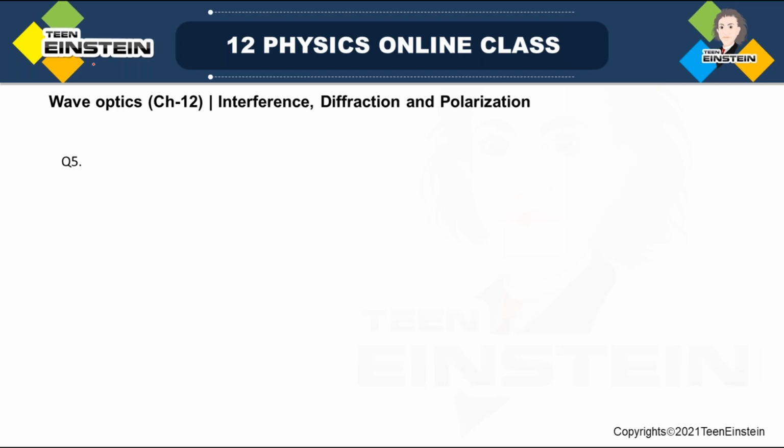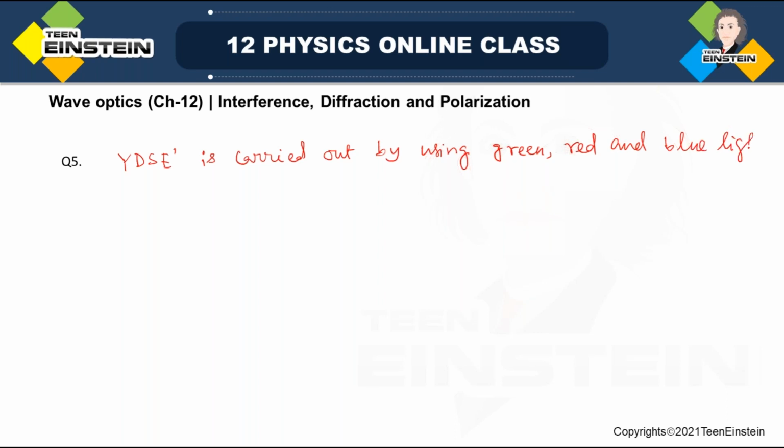Young's double slit experiment is carried out by using green, red, and blue light, one color at a time.